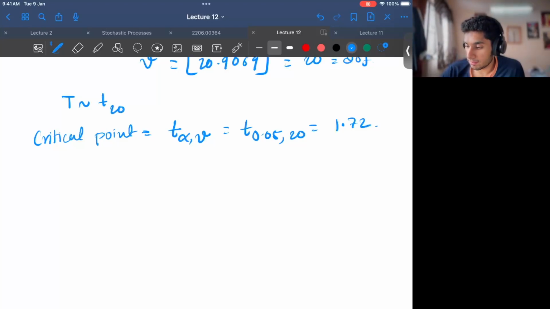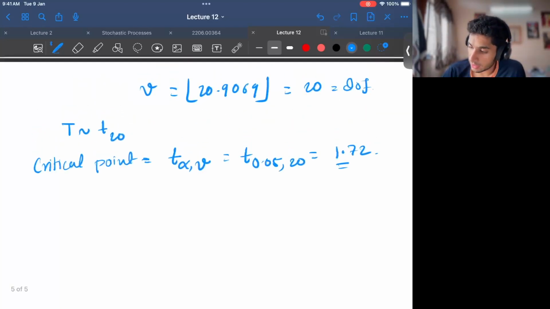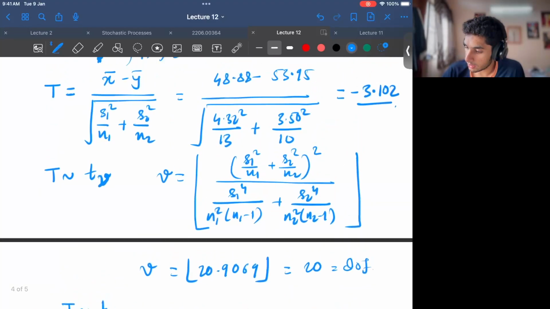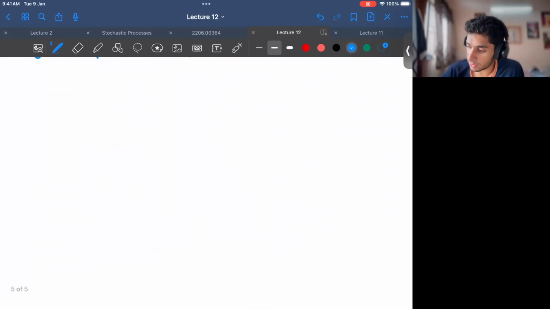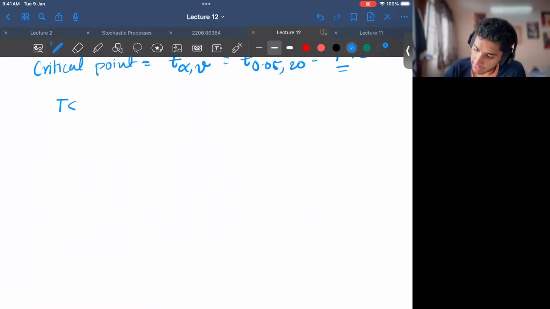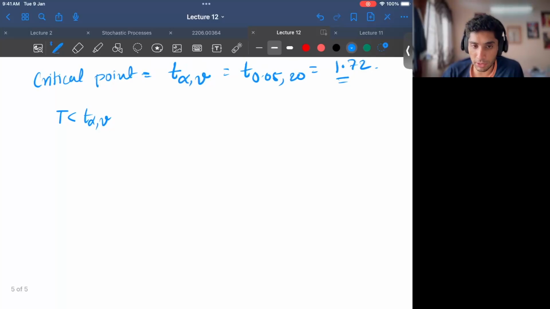So since the critical point is positive in this case, and the value of your test statistic was minus 3.102, T is less than your critical point, T alpha comma nu. However, you need to remember that this time the critical point is positive.